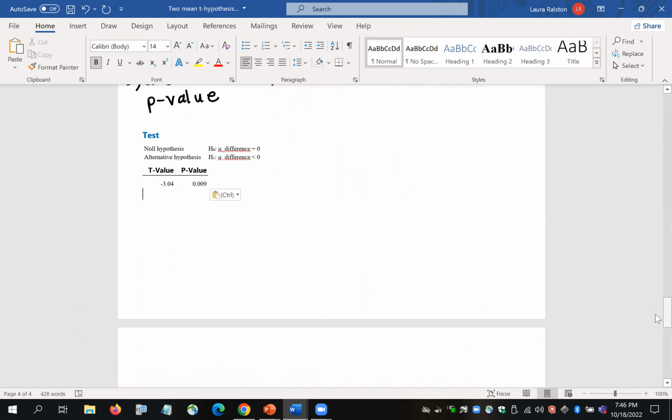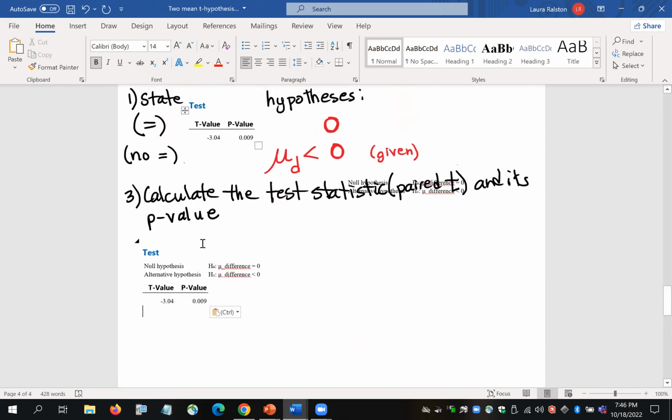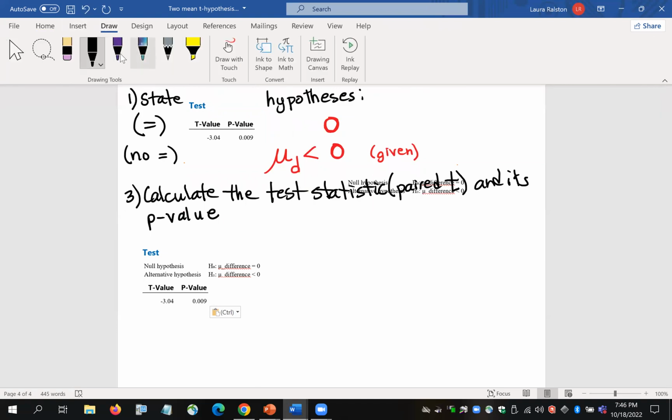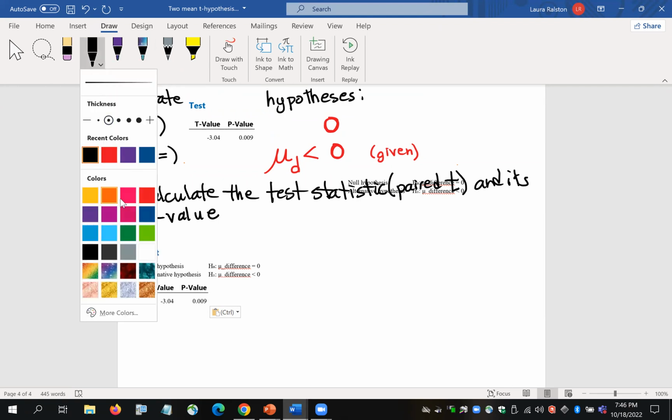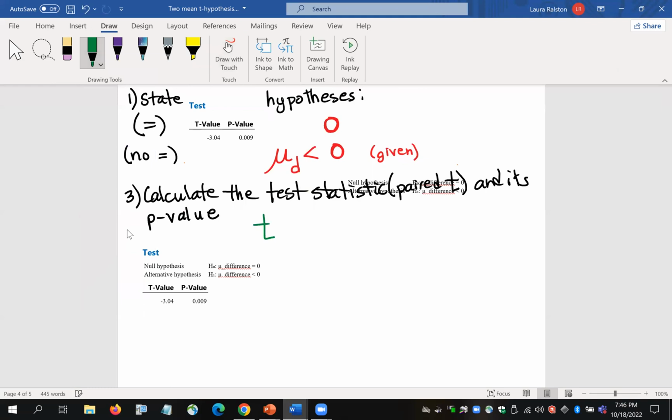My test value is -3.04 and my p-value is 0.009. Again, you need to record those. So my t-value is -3.04. The p-value is 0.009.